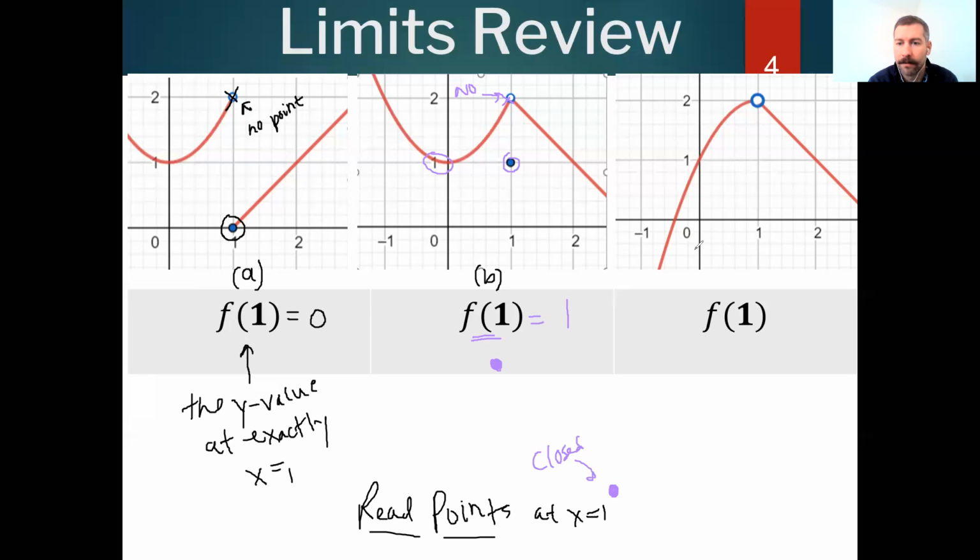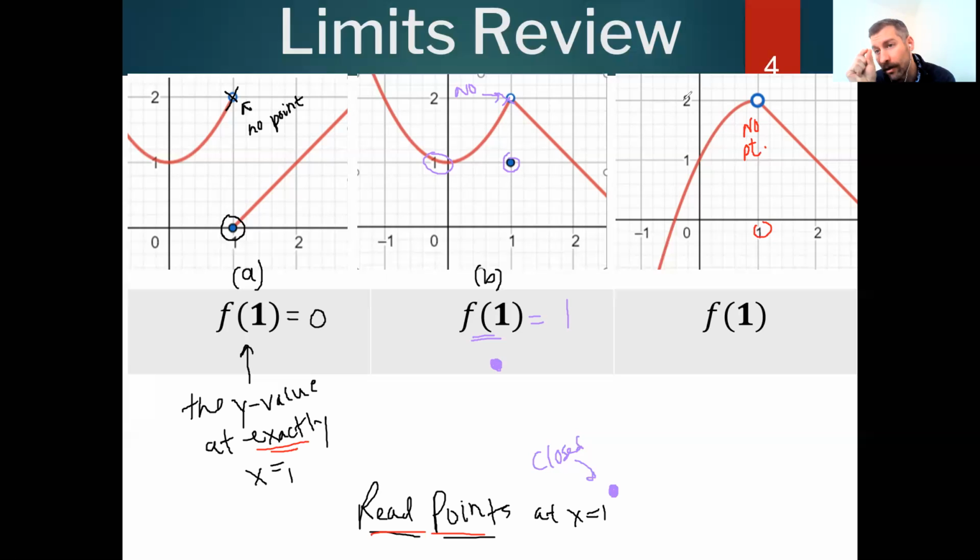And then this last one, f of 1. We don't care what the graph is doing. Once again, I need to read the point at x equals 1, the exact y value. So let's look at the x value. Now there is no point here. So what would the y value be? Some people might be inclined to say 2, but there is no y value because there is no point.